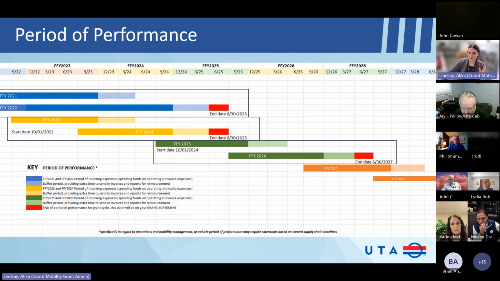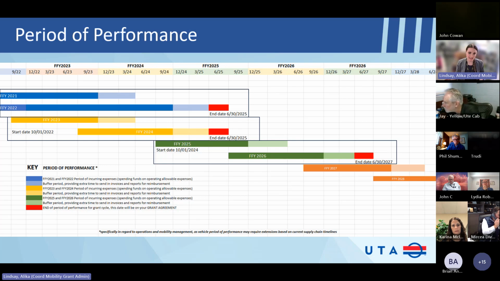I hope that is helpful and makes sense. Oh, and I put a star here because this is the period of performance in the darker colors, specifically in regard to operations and mobility management only, because sometimes vehicle period of performance may require an extension based on supply chain issues. And that's what was happening a lot in the past with 2019, 2020, 2021, 2022, right?